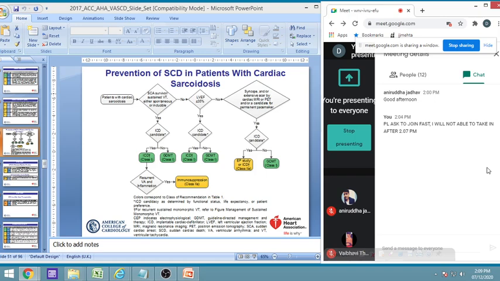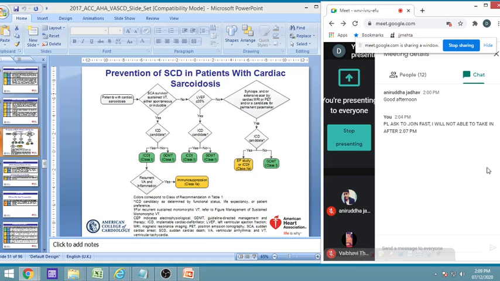So we cannot say that it is an ICD candidate. So it will depend on the functional status, life expectancy, and patient preference. If the patient is an actual candidate, then it can be given. If not, then other symptomatic treatment, or what we call guideline-directed management and therapy, is given. So as per the guidelines, whatever antiarrhythmic treatment is indicated is given.